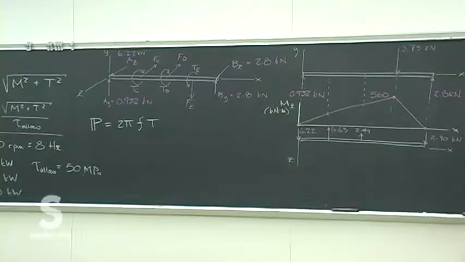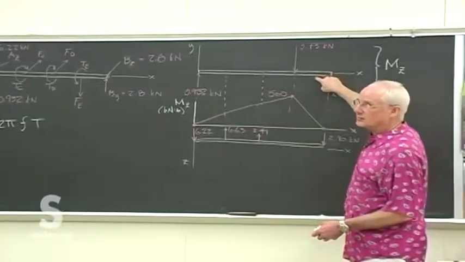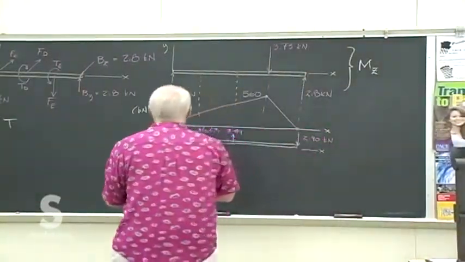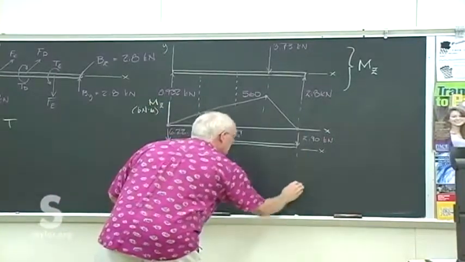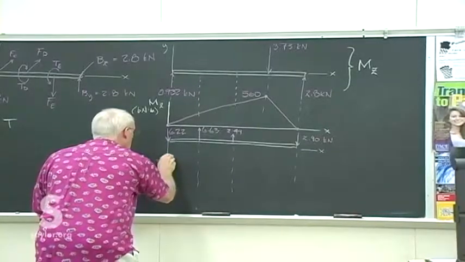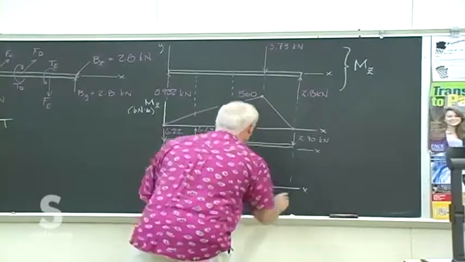So kind of squeezed it in there. This is happening at the same time as our previous drawing. It's just a different view of it. And then we can draw the appropriate moment diagram for this one as well. And then we can put the two together.